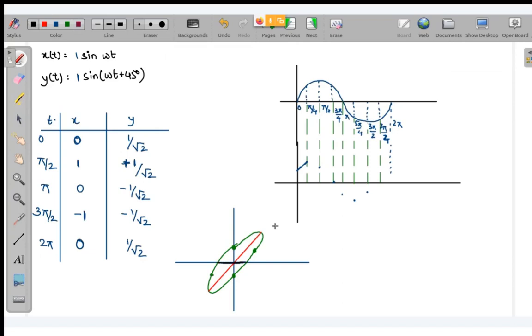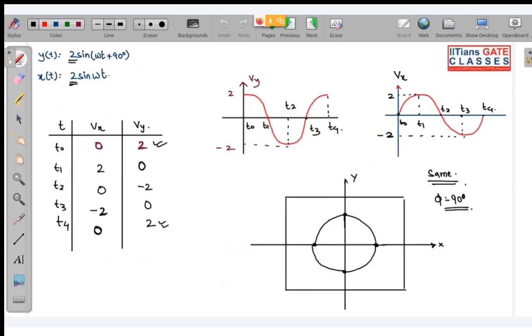We have forgotten. When I said major axis, minor axis, at least you could have told me, sir, I don't know. So this is the major axis, this is the minor axis of the ellipse. In a circle, if I consider this as the major axis and this as the minor axis, the magnitudes are the same. So a circle is a special case of an ellipse.